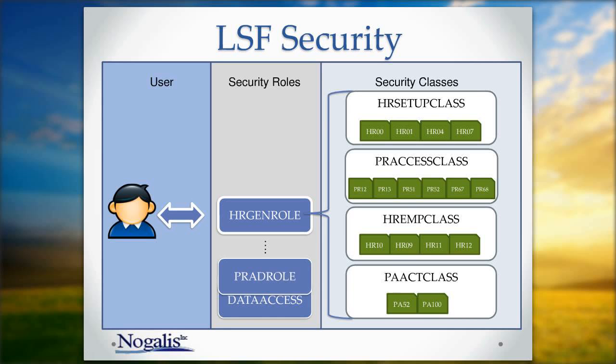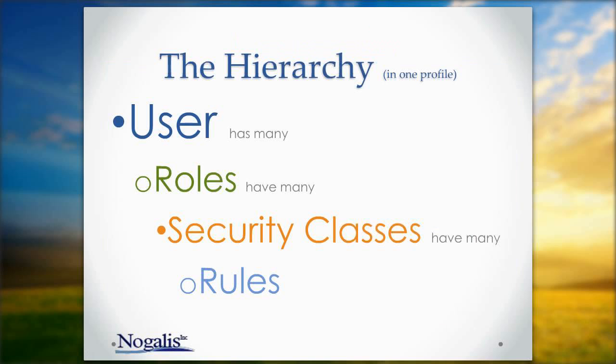Now, there could be some complicated security rules within each one of those, but really in total, the idea is that security classes are assigned to roles, and roles are assigned to the user. So I'll go over the hierarchy again. In the new security model, a user has many roles, a role has many security classes, and a security class has many rules.